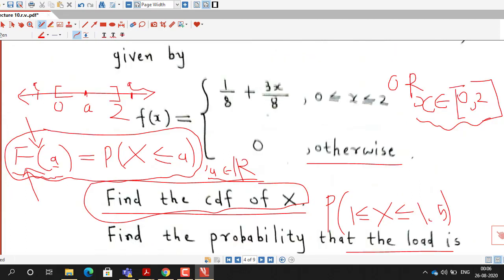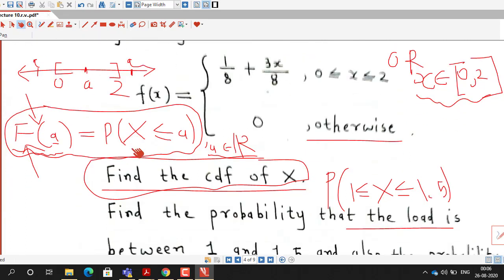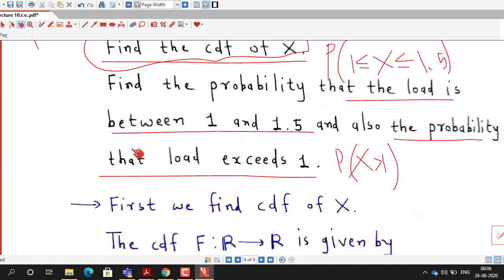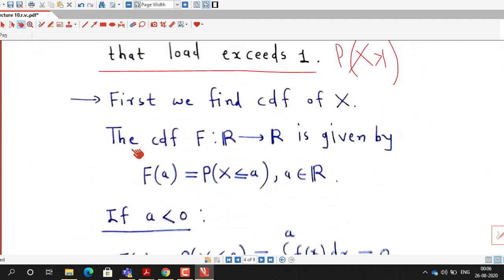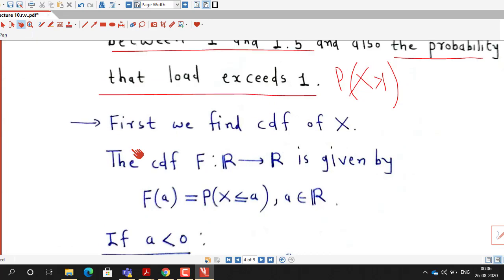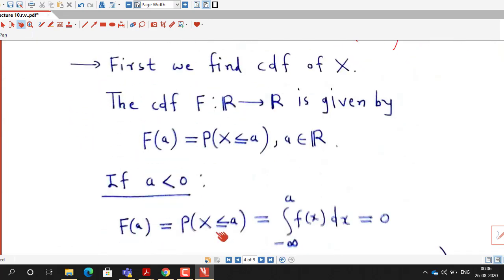So first we start by taking a negative, that is a less than 0. Now if a is less than 0, then by definition F of a is the probability that capital X is less than or equal to a. This is again the integral from minus infinity to a of f(x) dx.